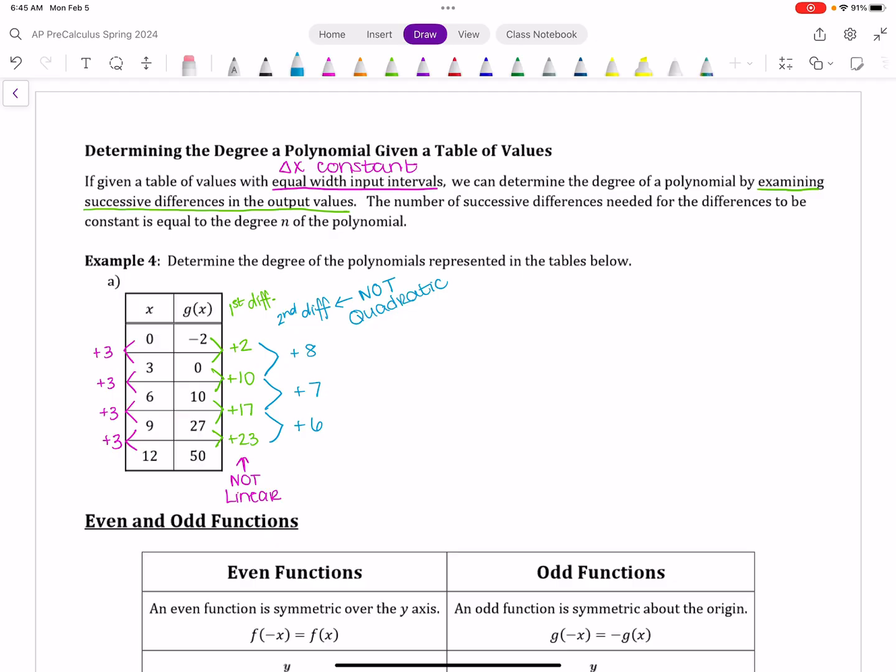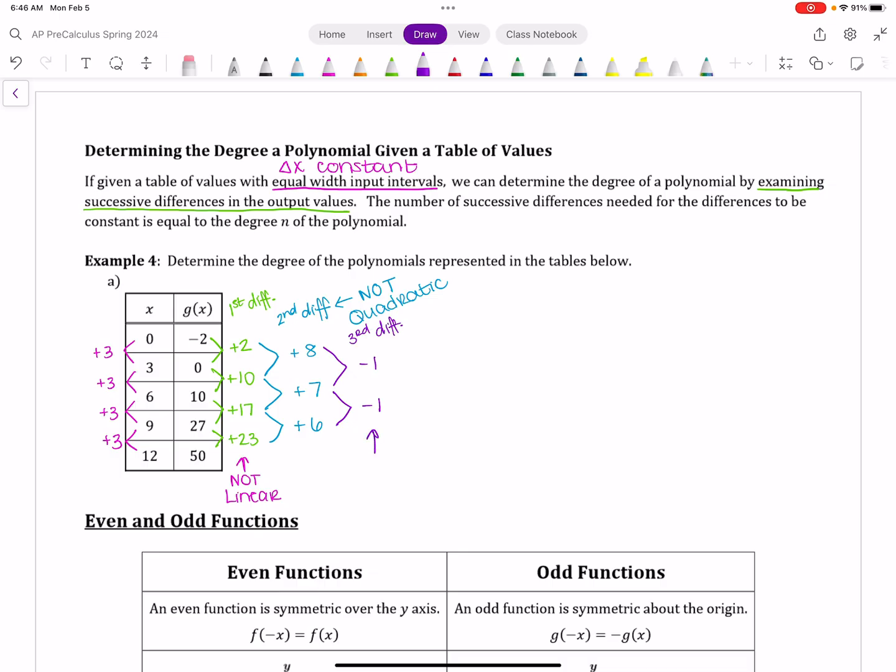So remember, we want to keep looking at the differences until we find them to be the same. So now we're going to look at the third differences. If we think about going from 8 to 7, we would be subtracting 1. From 7 to 6, we would also be subtracting 1.